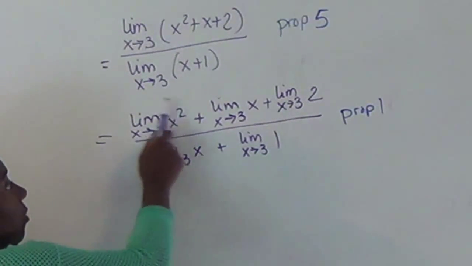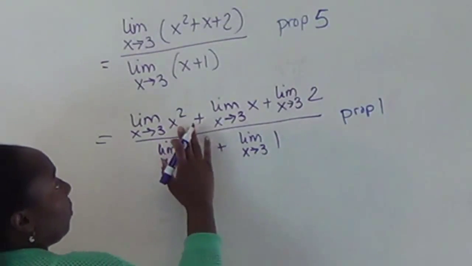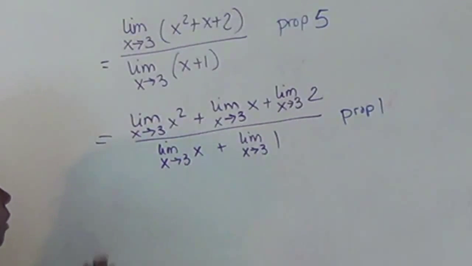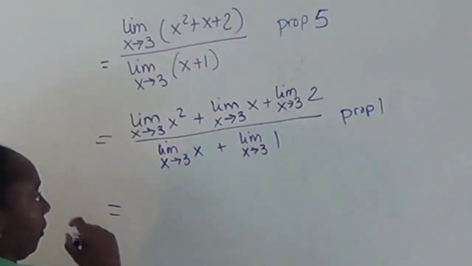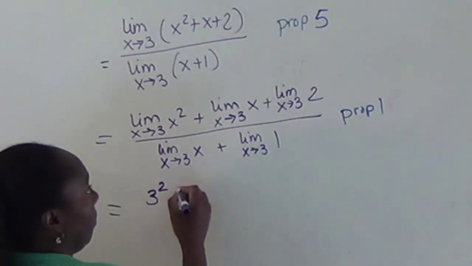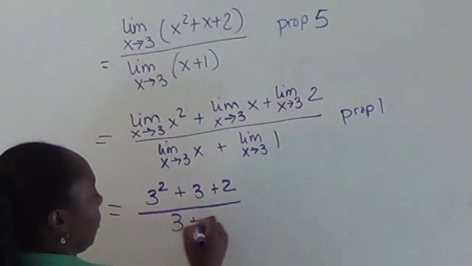Now we can again rewrite the squares, and we can go ahead and use our constant and linear properties. Okay, so from here I can go ahead and make this a 3 squared plus 3 plus 2 over a 3 plus 1.